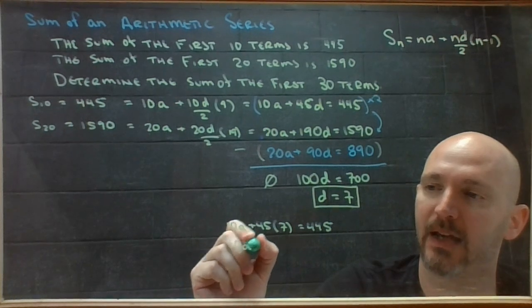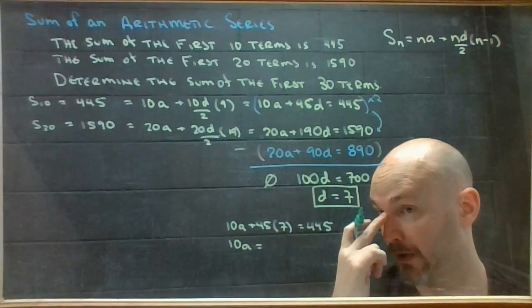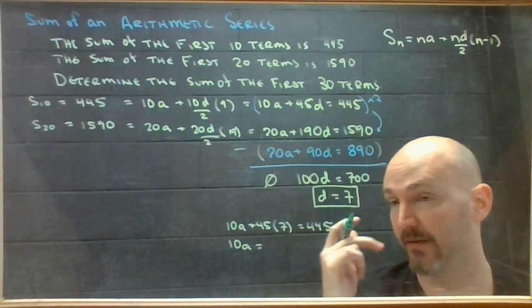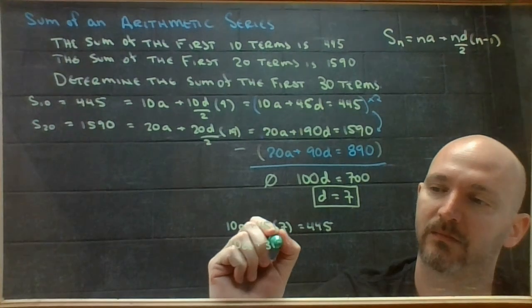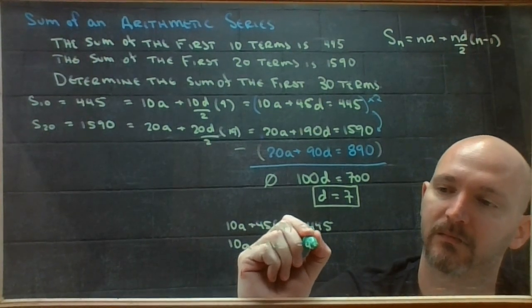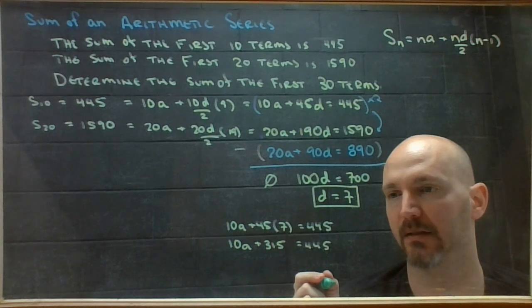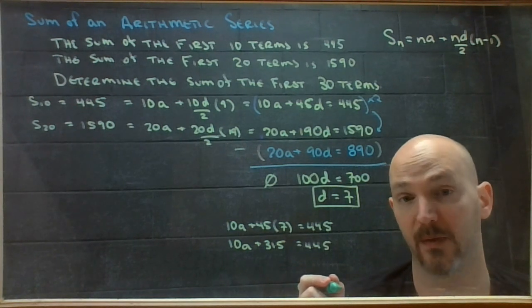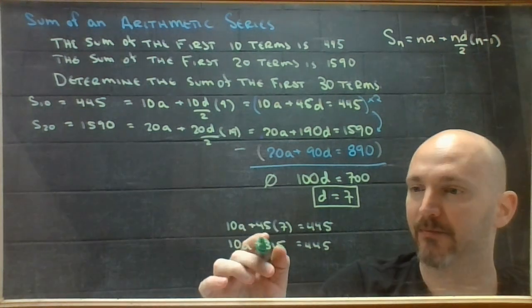So 10A would be 45 times 7. 280 and 35 is 315. Check that. 7 5s is 35, and 7 40s is 280. 280 and 35 is 315. Feel good about that on the second try.